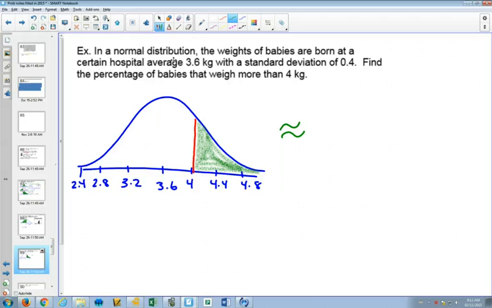And when you went to your normal CDF, did you get 0.159?